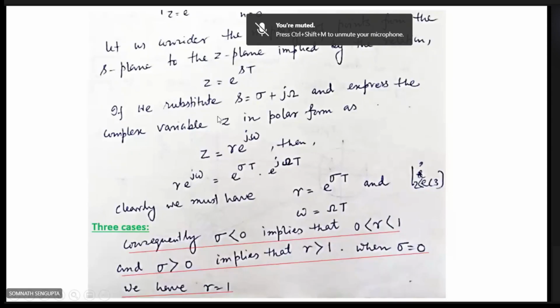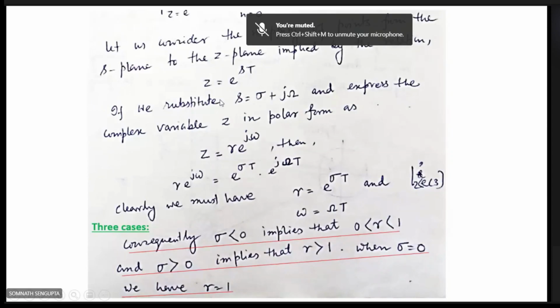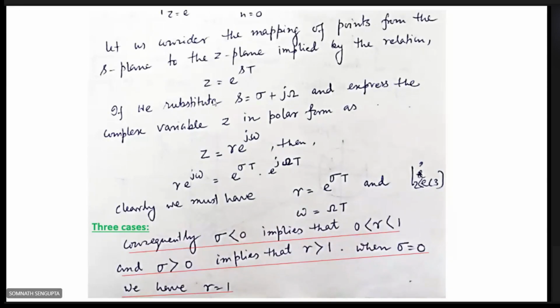Now, what is the effect when we go from one plane to another plane, that is the S plane to the Z plane? s is equal to sigma plus j omega, which gives the points in the S plane.